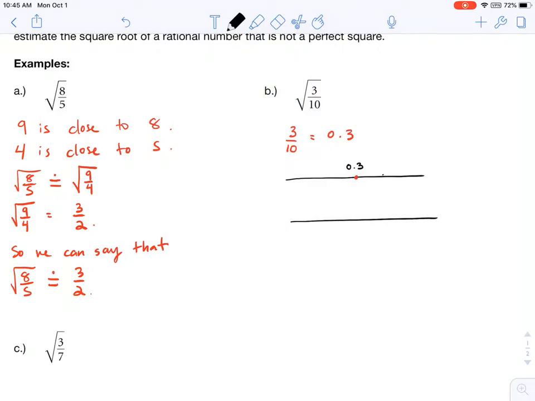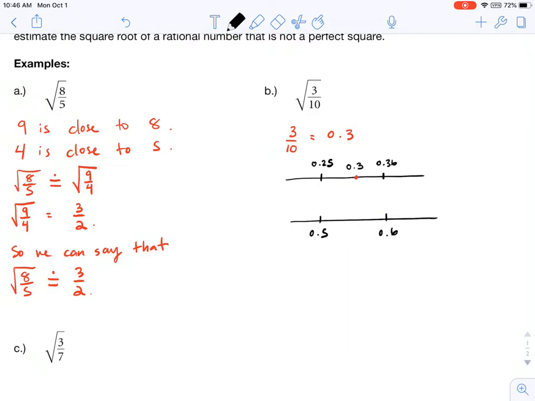We have to think of what are our closest perfect squares to 0.3. Well, on this side, you have 0.36. We know that that is a perfect square. And on this side, we have 0.25. And we know that the square root of 0.25 is 0.5, and we know that the square root of 0.36 is 0.6.